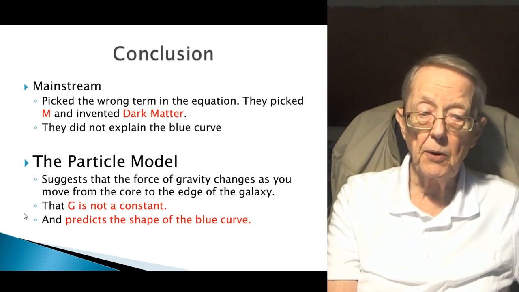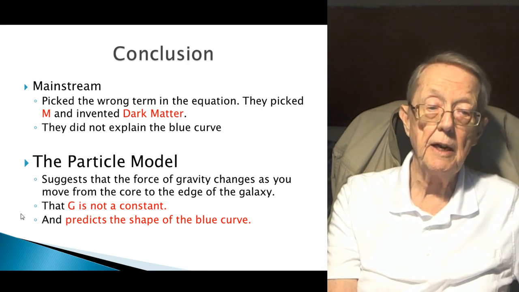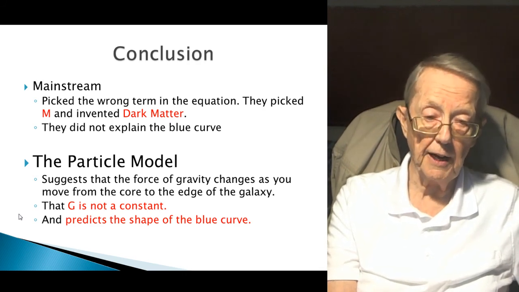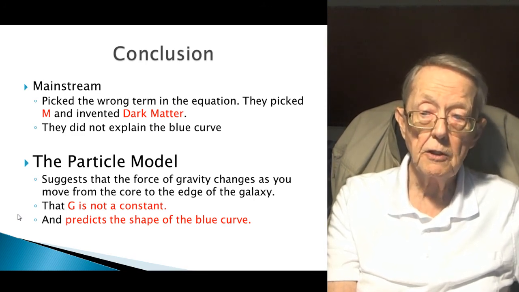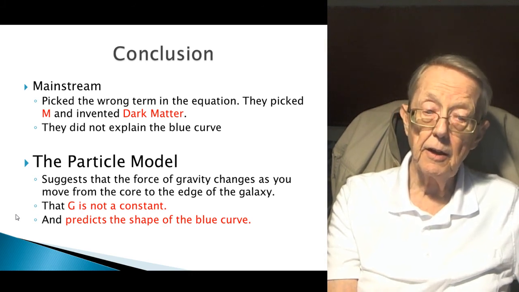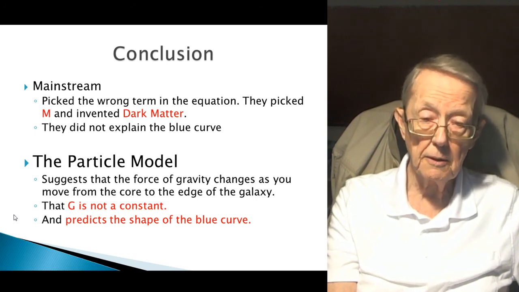And as a consequence, if you're going to use Newton's equation or Keplerian equation, you have to change G as you go through the galaxy, and G is neither universal nor is it a constant. And the model actually predicts the blue curve, which mainstream doesn't even talk about.